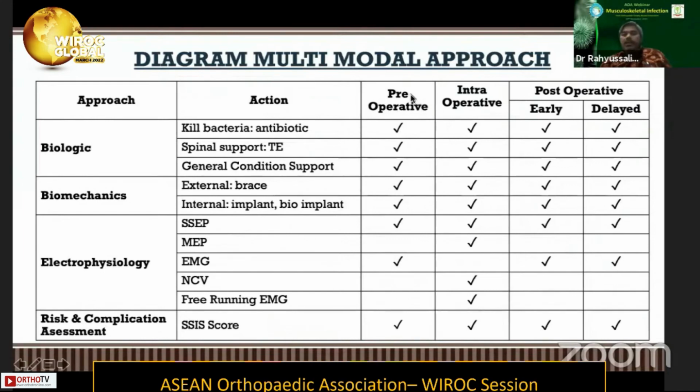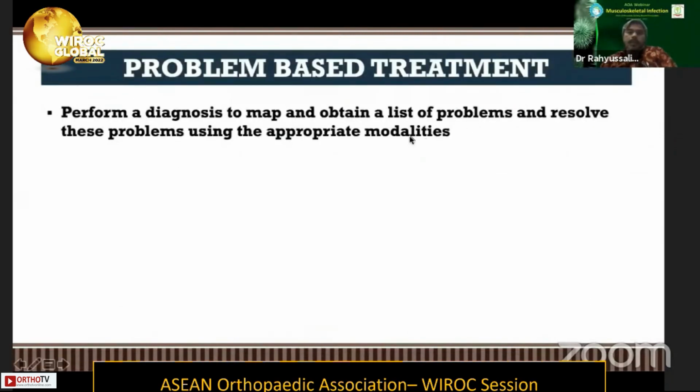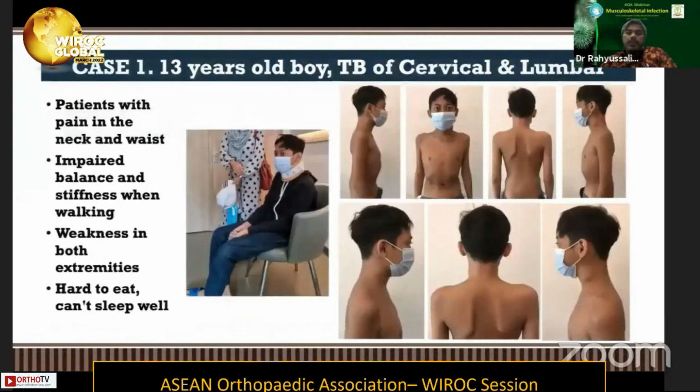And then we check whether everything will work preoperative, intra, and also early or delayed postoperative. So in the total treatment, we should evaluate pre, intra, and postoperative, early and delayed. And we perform a diagnosis to make a mapping, of course, and obtain a list of problems and resolve these problems using the approach.